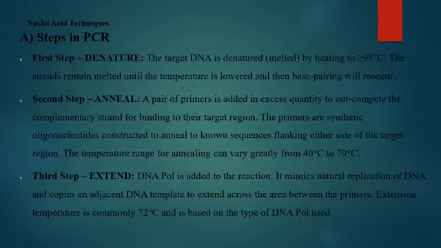So the polymerase moves along the stretch and replicates that portion of the DNA, like in regular DNA multiplication or replication. Now the extension temperature is commonly 72 degrees, and it is based on the type of DNA polymerase used.